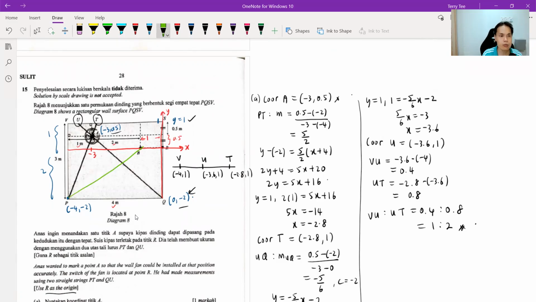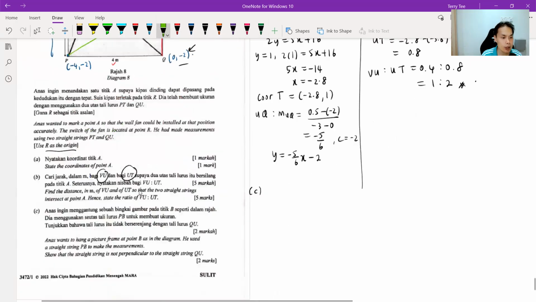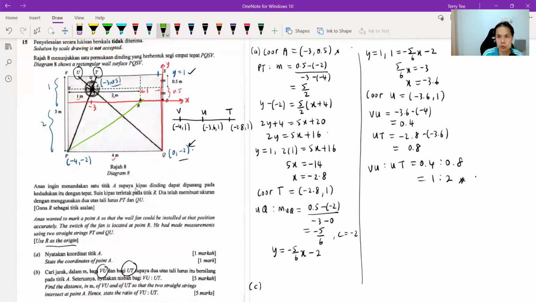We need to find out whether, they say, show that the straight line is not perpendicular to QU. We already know QU earlier has a gradient of negative 5/6. I need to find the gradient of straight line PB. Now, if you look at the diagram, where's your B? B is 1 unit to the left, and it sits on the x-axis.